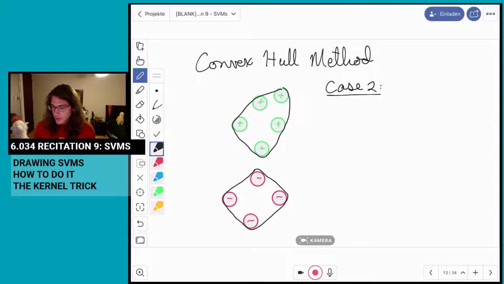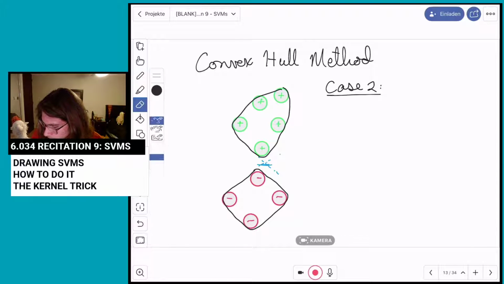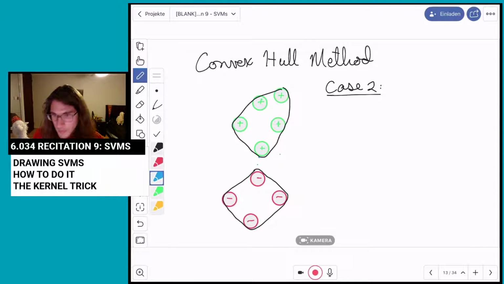So one thing to keep in mind is that now that this is a lot easier to see, it may be tempting to try to extend these lines and have them meet and then draw the boundary there. But in reality, you want to split the middle between the 2 points that are closest to each other. So in this case, we're dealing more with, let me erase this, before drawing the decision boundary, this is between 2 points in reality, not a line and a point as in case number 1.